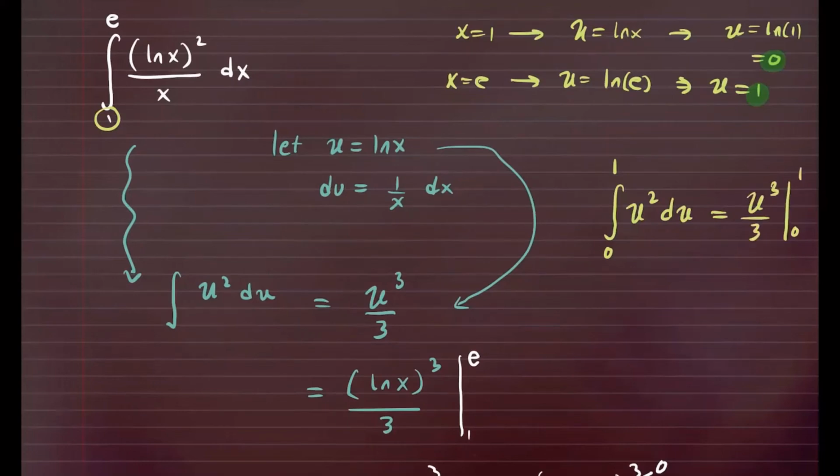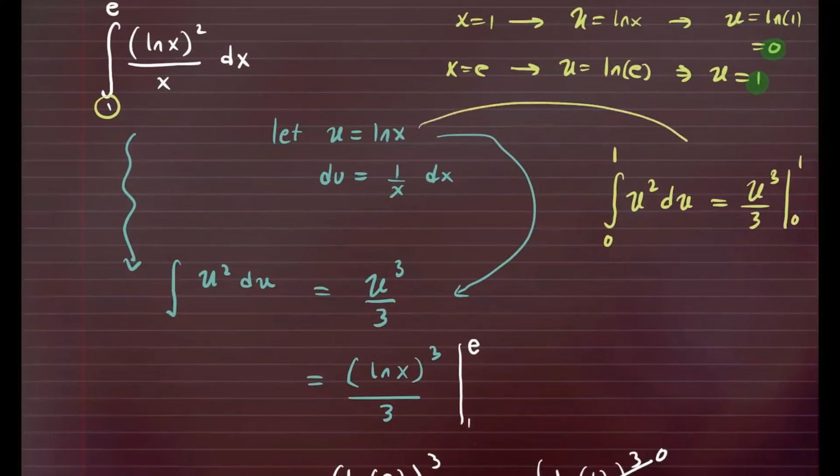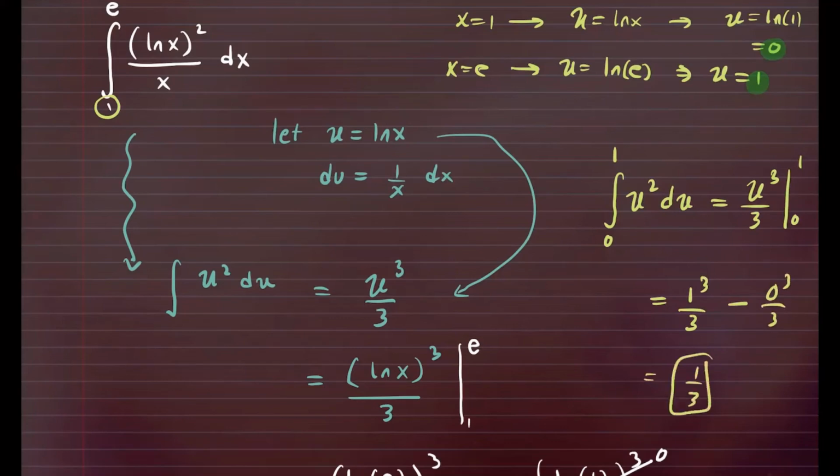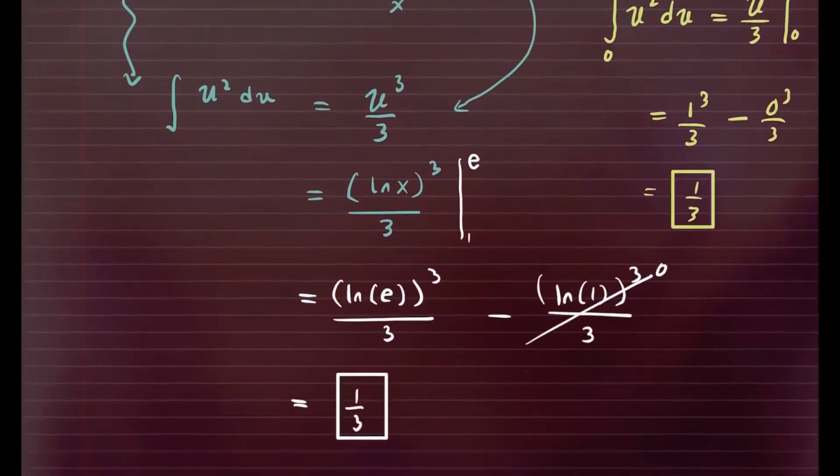So note the difference. Here, we don't need to substitute this back. We can just simply continue on since we already changed the limits of integration. So you plug in 1 into your function, that's 1 cubed over 3, minus plug in the lower limit, 0 cubed over 3, which will give you 1/3. So same answer, of course, and we just did it in two different ways.